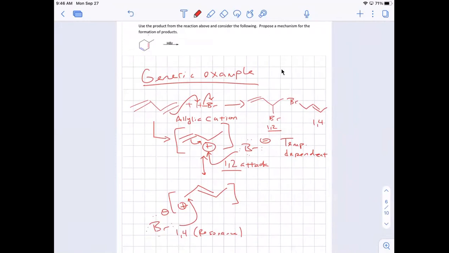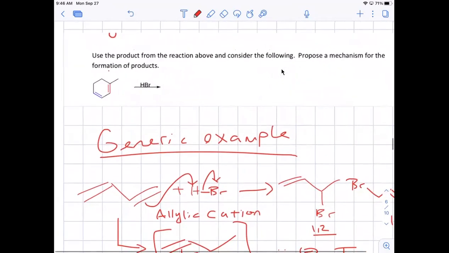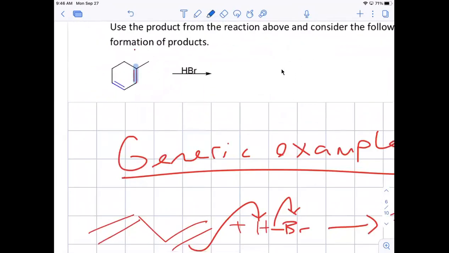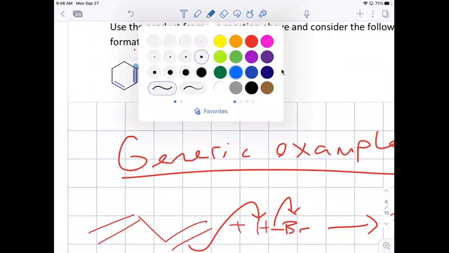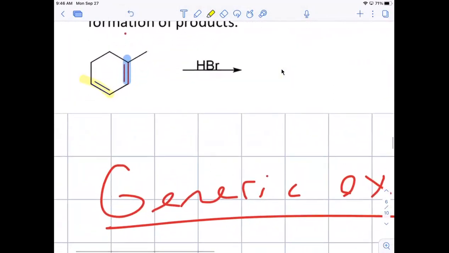It's asking, use the product from the reaction above, consider the following proposed mechanism for the formation of products. So here, this is unsymmetrical, right? You got an alkene here, you got another one here. And so you're actually gonna use both. But when we come back on Wednesday, we're gonna look at that and we'll be able to walk through the mechanism and talk about the temperature dependence and all that stuff.